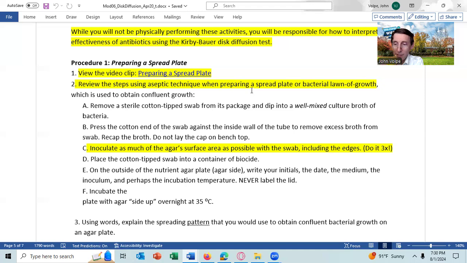I'm not going to be able to swab everywhere because I've got it at an odd angle for showing this. And then you rotate it again a quarter of a turn, rotate the plate a quarter of a turn, and then swab everywhere one more time.